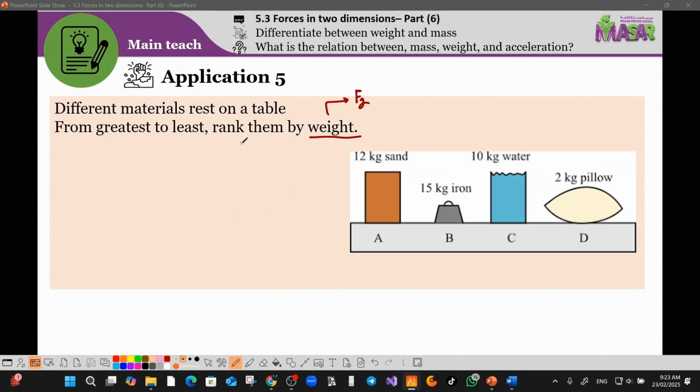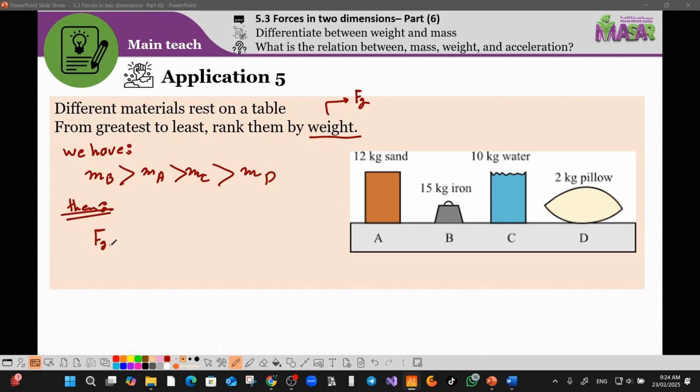Now we know that as the mass increases, the force of gravity will increase. We know that the highest mass is at B, then the mass of A, then the mass of C, and finally the lightest object is D. Then we can say as the mass increases, the force of gravity will increase.